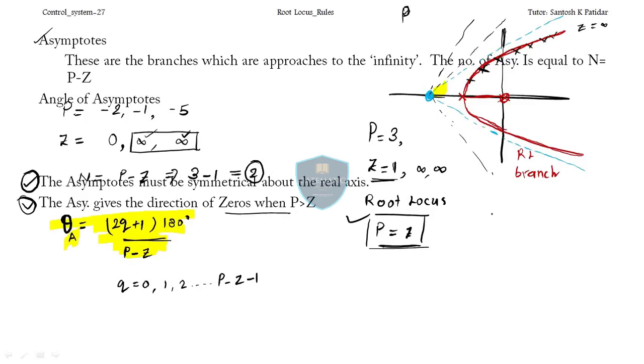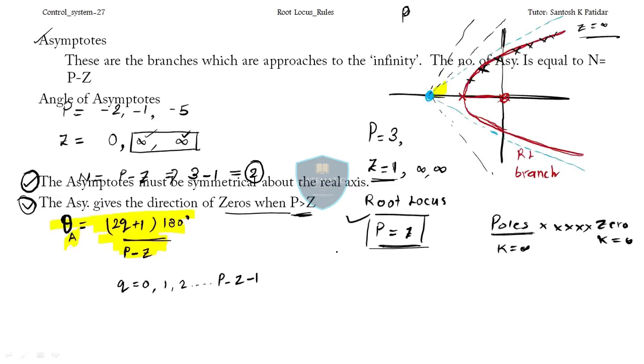As we discussed earlier in the starting of the root locus, your poles are starting at k equal to 0, means your root locus starts from the poles and terminates at zeros at k equal to infinity. We have seen this, isn't it? We are starting at the poles, we are moving to the zeros. So definitely your asymptote gives the direction of the zeros when p is greater than 0. I think this point is clear to you people, isn't it?